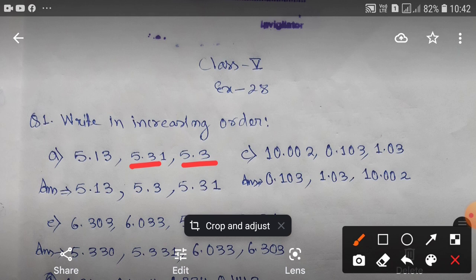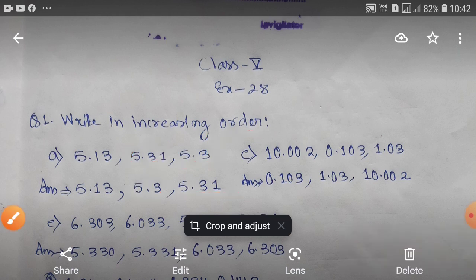See, 5.3 means actually 5.30 and 5.31, you know, that is greater than 5.30. Since 5.31 is greater than 5.30, we'll take 5.3 in the second position and we'll put 5.31 on the last position. So this is how we have to arrange.